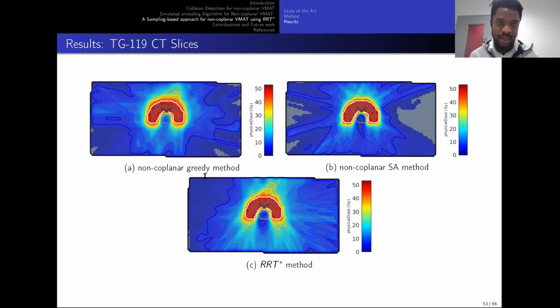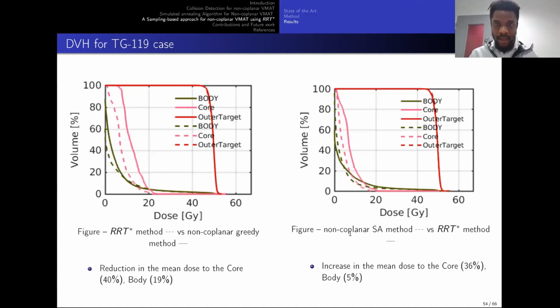But the RRT star method is much better in terms of dose conformality compared to the non-coplanar greedy method. For example, you see in the RRT method a 30 gray high dose area outside the target. If you compare to the simulated method, this is not the case. Also in the DVH, we can see that compared to the greedy method, the RRT method is better.